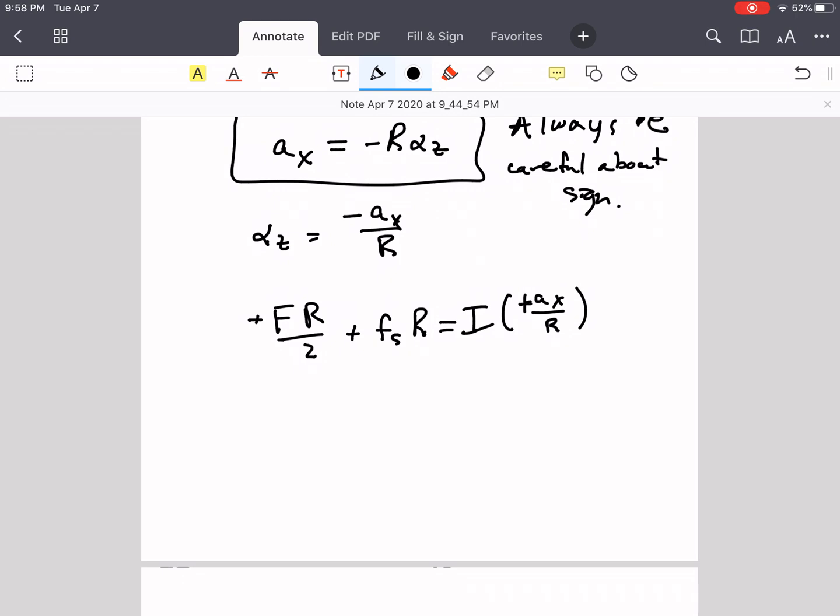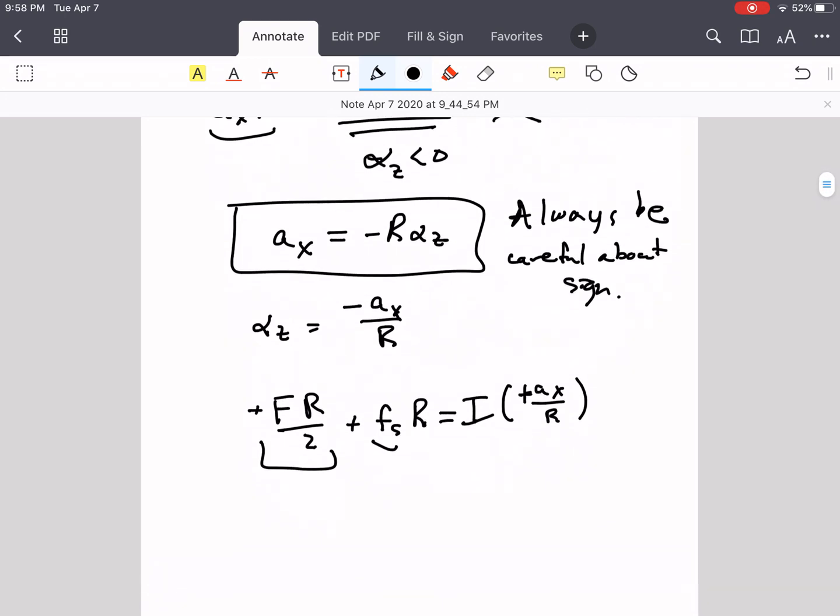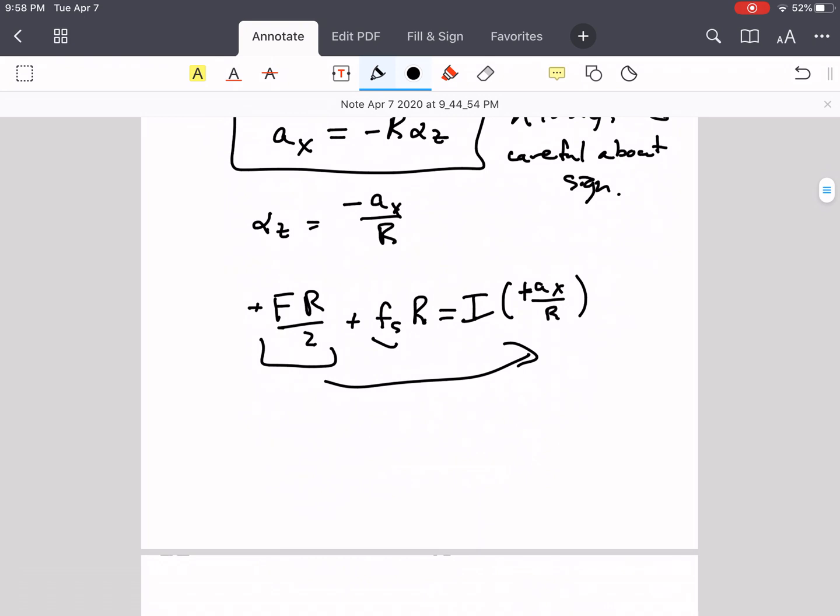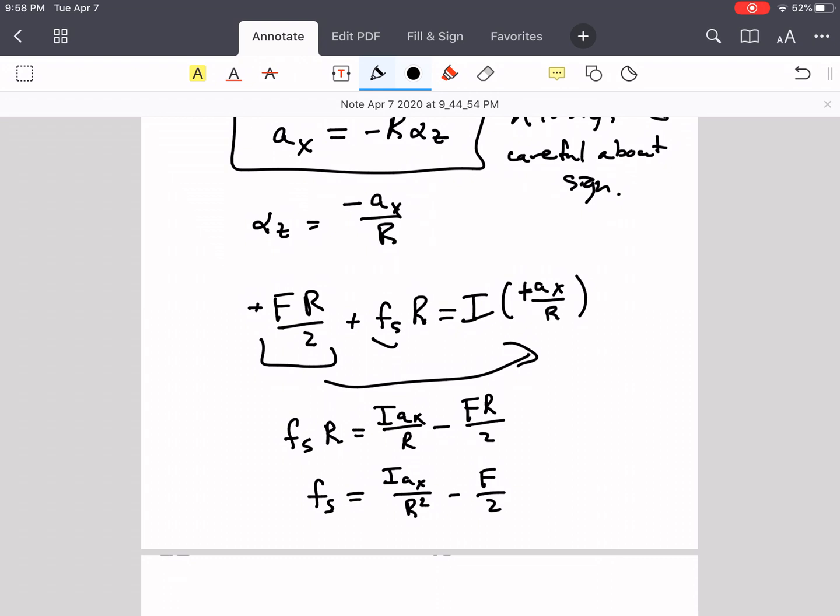And now if I want to solve for my force of static friction, what I will do is I will bring capital Fr over 2 to the other side. So now this is all just algebra. We've done all of our physics. We have Fs times r is equal to I ax over r minus capital Fr over 2. Divide everything through by r, and I get the force of static friction is I ax over r squared minus capital F over 2.